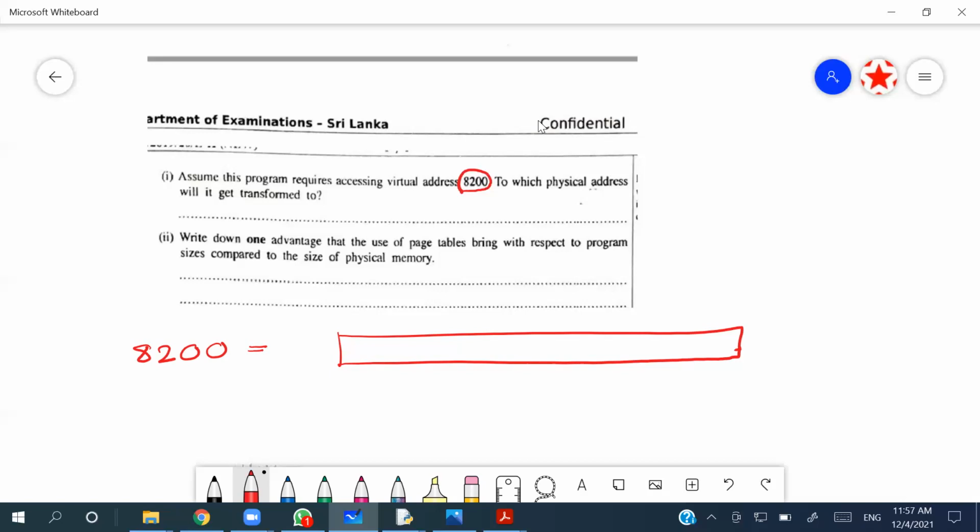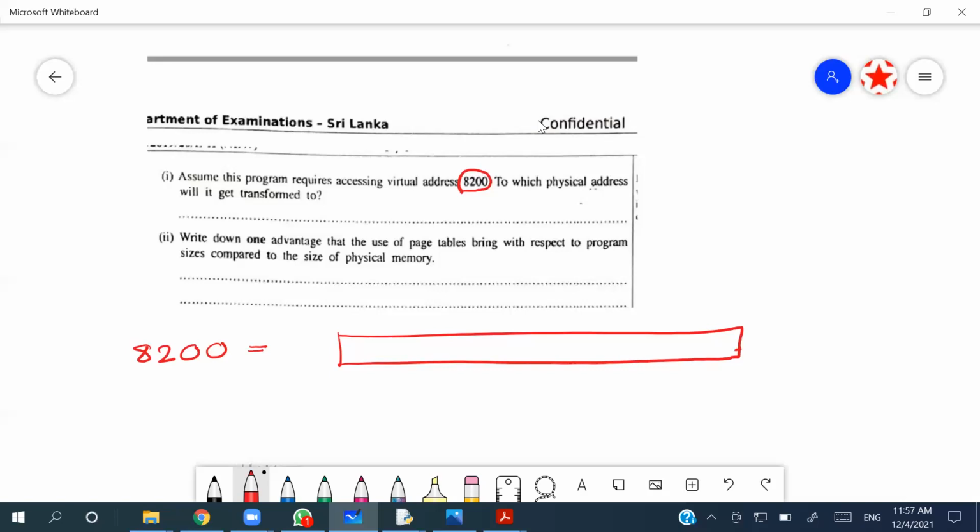Then we can see for the portion of the page number which portion of the frame number is going to replace it. In the big diagram you drew in your book, the page number portion is detached, and according to that, a frame number portion is attached.